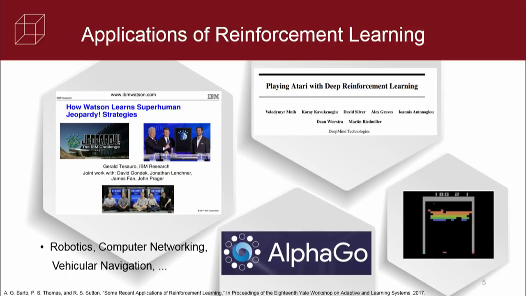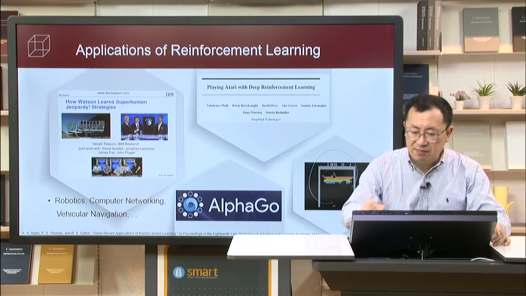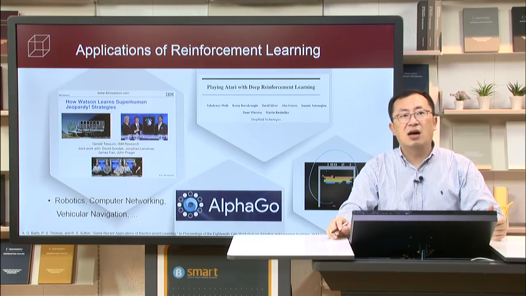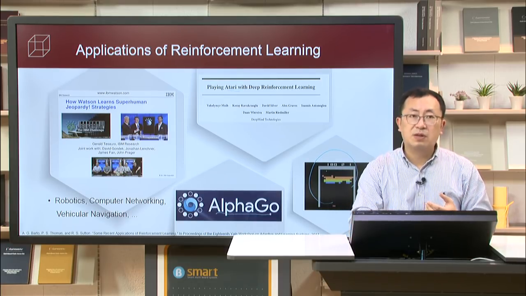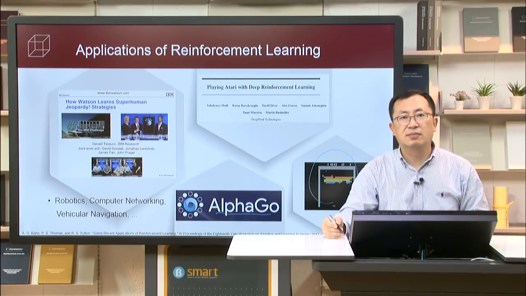In fact, reinforcement learning has a long history, and there are many real-world applications of it, such as IBM Watson's Jeopardy, the Atari game player by DeepMind, and the famous AlphaGo, also by DeepMind.